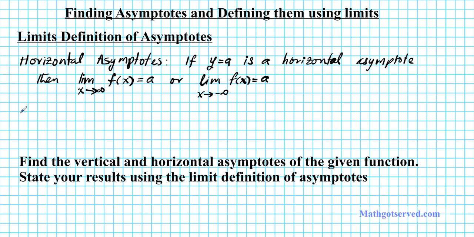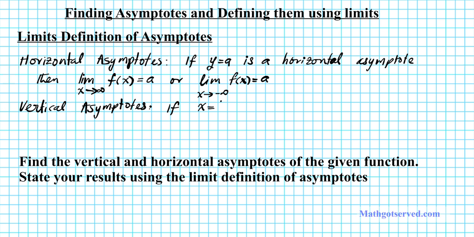So for vertical asymptotes, what is the limit definition? If the vertical line x equals a, well, let's use a different letter this time. How about we use b so we don't confuse it with the horizontal?